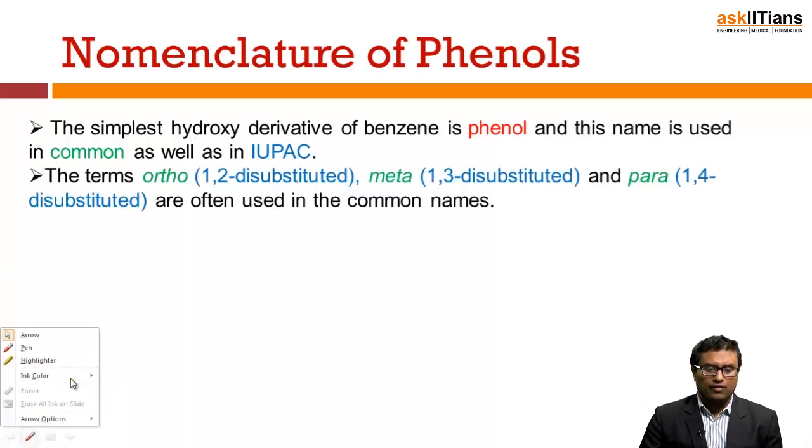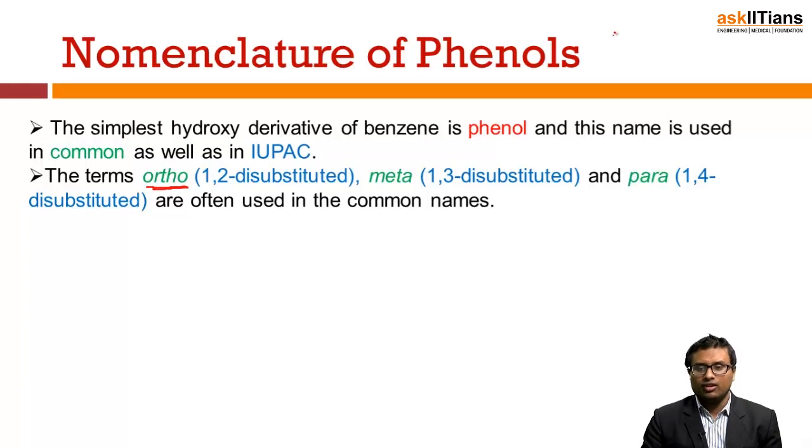Now in phenols you also have different other phenols which are possible, right? For example, you have phenol, and you have the ortho position, this is the meta position, and this is the para position.